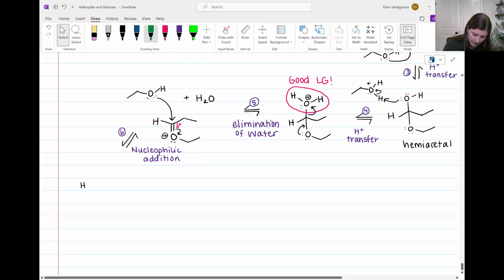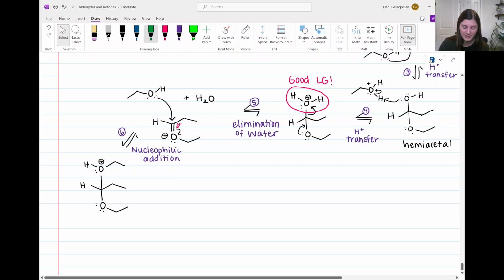Drawing the product of this step, we have that 3 carbon chain from the original aldehyde. We have the alkoxy group, ethoxy in this case, bonded to what was the carbonyl carbon, and a new ethoxy group that is still protonated, bonded to that carbon as well.